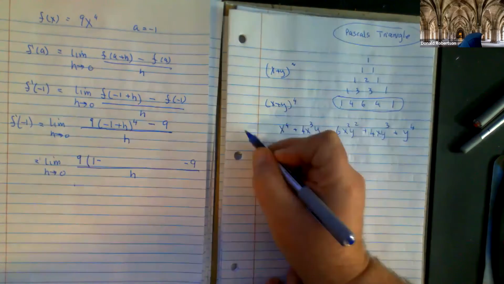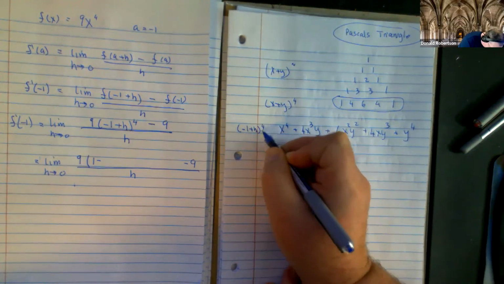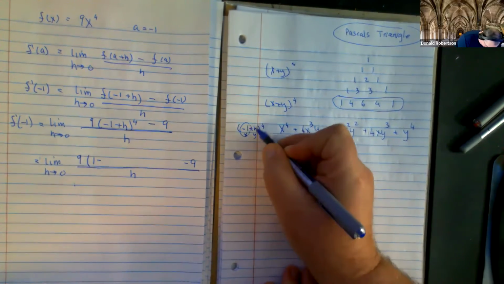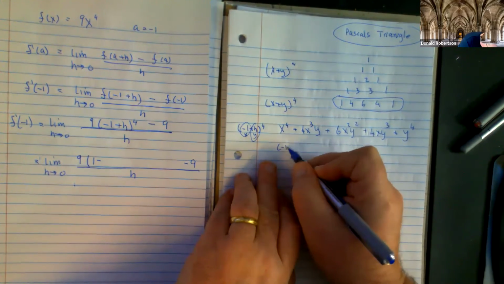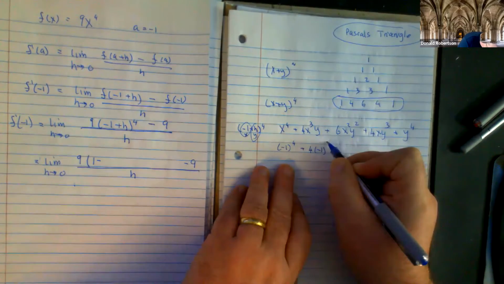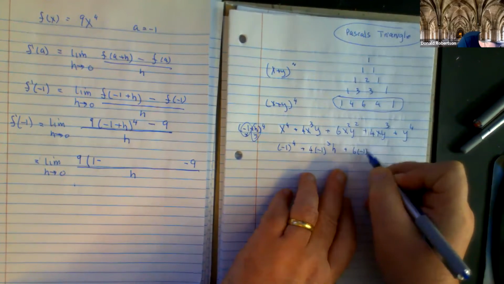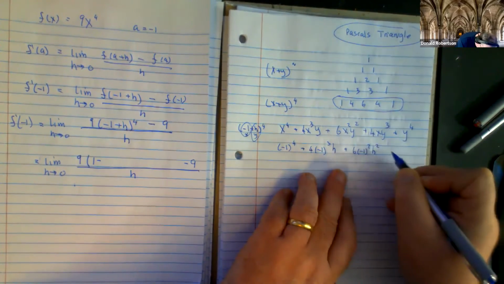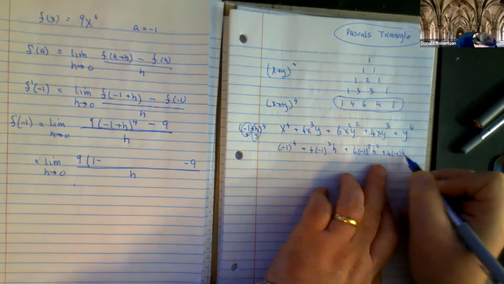Now in my question, which was -1 plus h to the 4, the x is -1 and the y is h. So I will get -1 to the 4, 4 times -1 cubed h, 6 times -1 squared h squared, 4 times -1 h cubed, and then h to the 4.